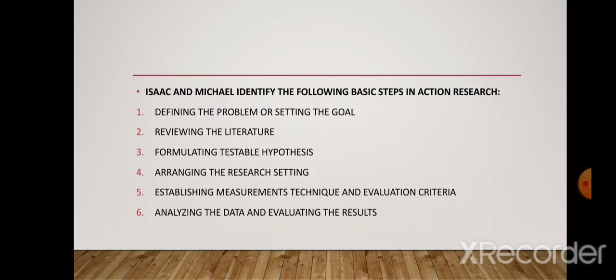Isaac and Michael identify the following basic steps in action research: defining the problem or setting the goal, reviewing the literature, formulating testable hypotheses, arranging the research setting, establishing measurement techniques and evaluation criteria, analyzing the data, and evaluating the results.